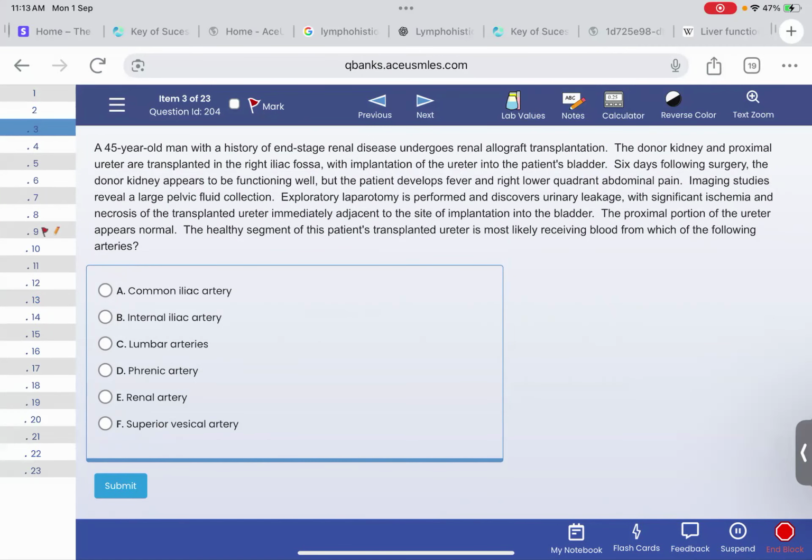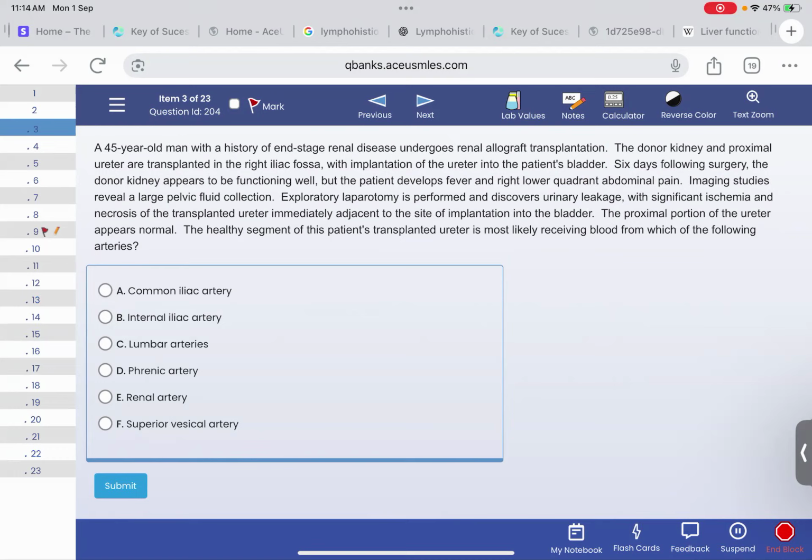The healthy segment of this patient's transplanted ureter is most likely receiving blood from which of the following arteries? A 45-year-old man with a history of end-stage renal disease undergoes renal allograft transplantation. The donor kidney and proximal ureter are transplanted in the right iliac fossa with implantation of the ureter into the patient's bladder. Six days following surgery, the donor kidney appears to be functioning well, but the patient developed fever and right lower quadrant abdominal pain.